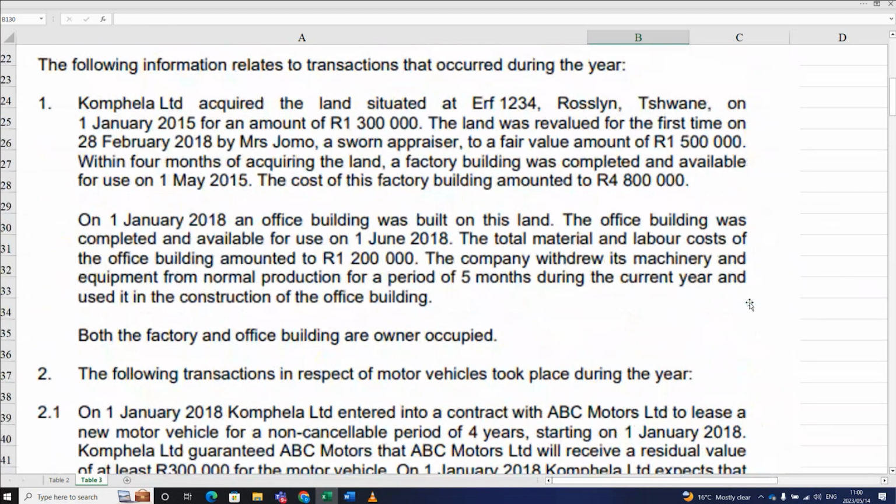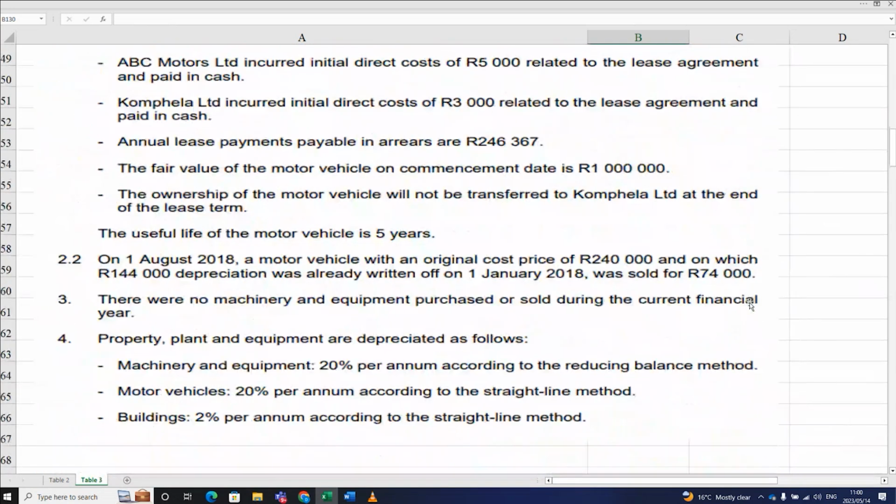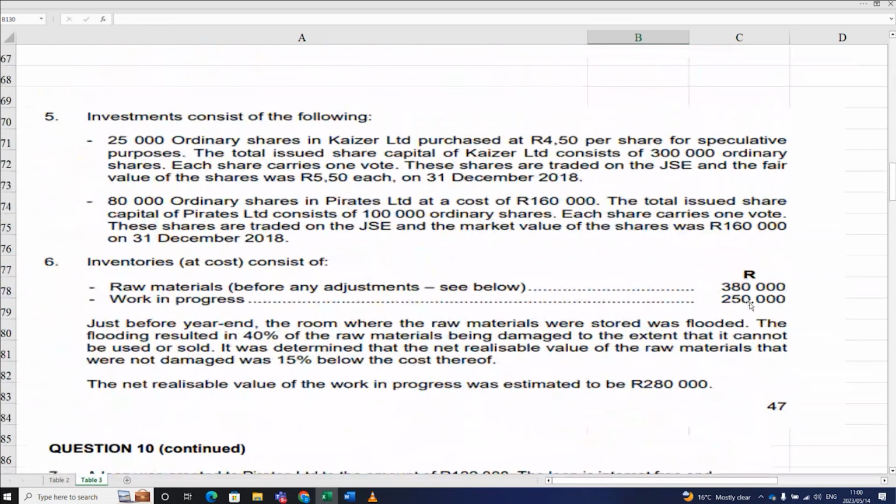Okay, so then already with these financial assets, this one, the ordinary shares in Kaizer Chiefs, right? They say that these shares are traded on the JSE at the fair value of R5.50 per share, and we have 25,000 shares.